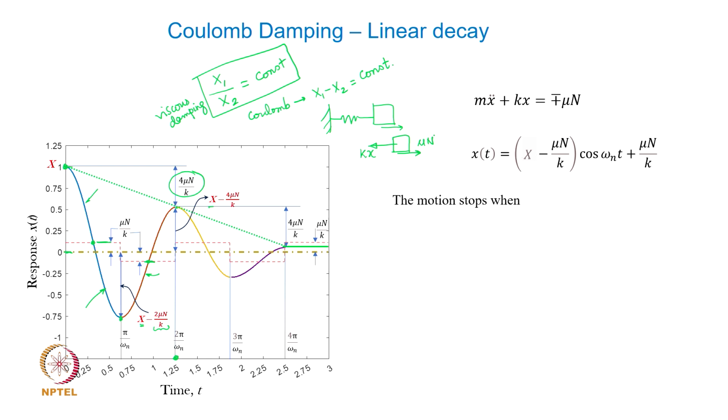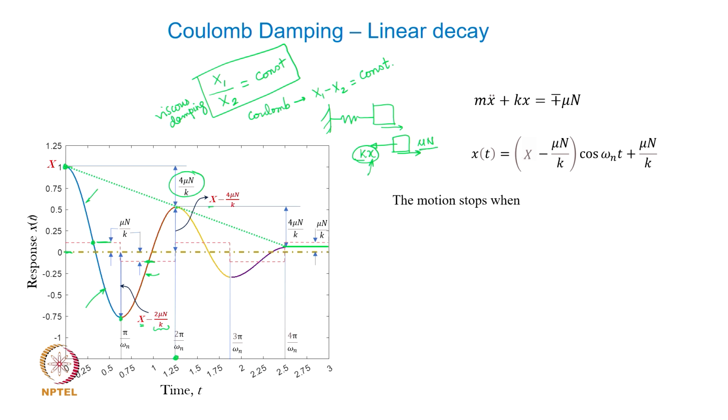So, k x and mu n differ, and that keeps the mass moving back and forth. And it so happens that later on, after several cycles, the amplitude x will fall to such a low level that the restoring force k x will no more be able to counter the constant friction force, which is a value that is constant irrespective of the amplitude of oscillation.